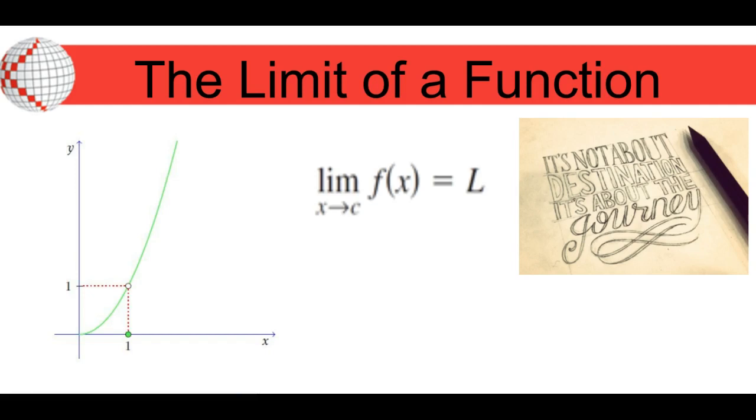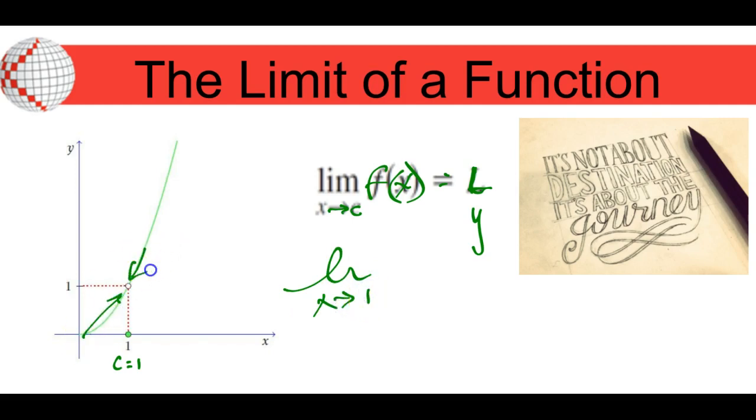So the definition of a limit is the limit as x approaches some value c, and c here would equal 1. It's some x value of the function equals L, which is the y value. So in this case, the limit as x approaches 1, as long as it's from the left and the right, then I would say f of x is equal to this one.